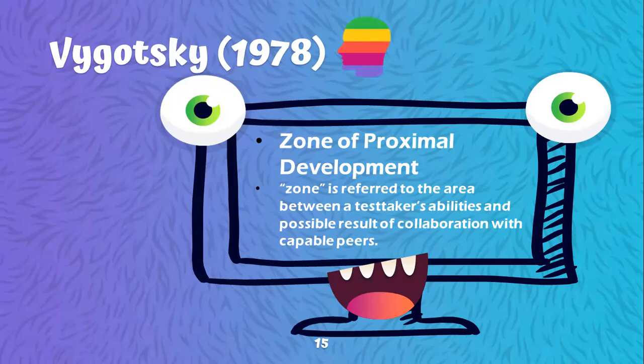So diri ang zone daw ni katong tabang diri magtabang si capable peers o mga teachers, tabangan nila ang student, tagaan nila og help ang isa ka student. And diri sa zone of proximal development, mahibal-an kung naabay tabang ang katong help sa isa ka student nga mag-excel.